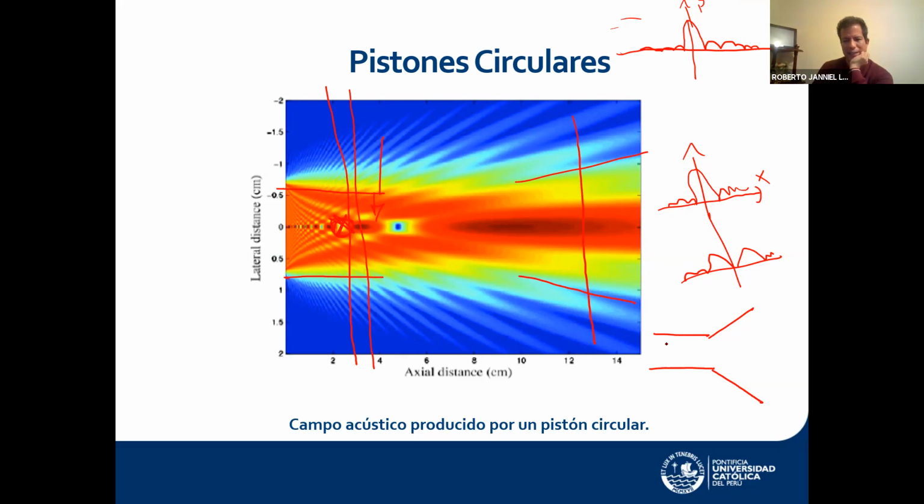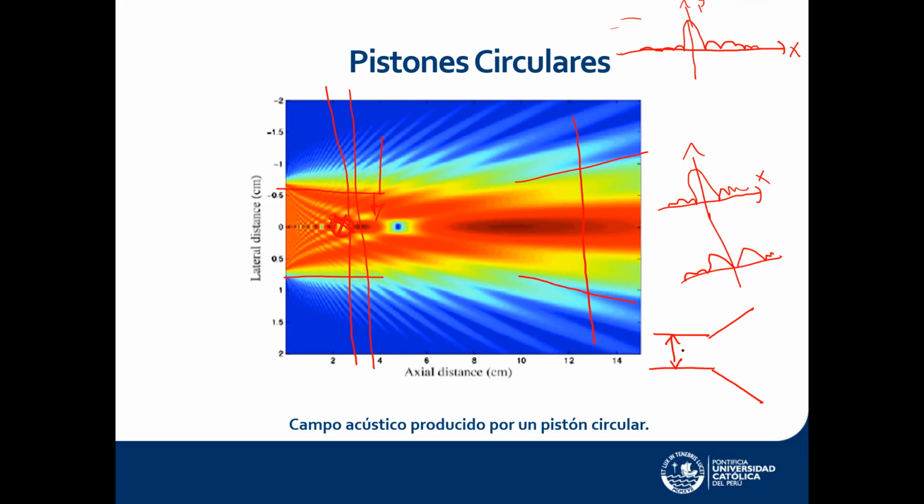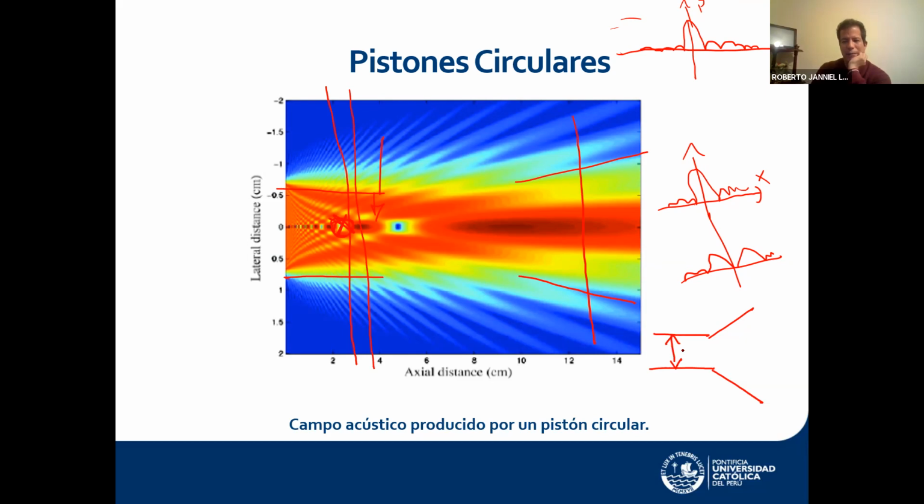And we said that roughly, what is this thickness equal to? The width of the diameter of the transducer, yeah. Right? When I'm in the far field, what's the smallest beam that I can get, roughly?